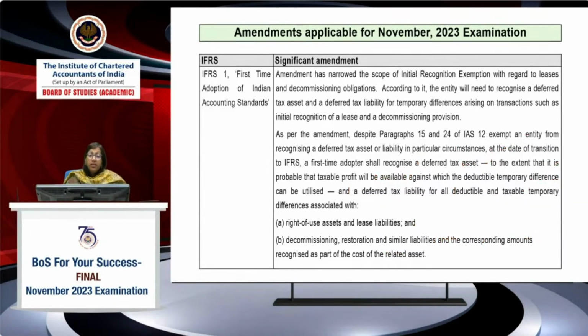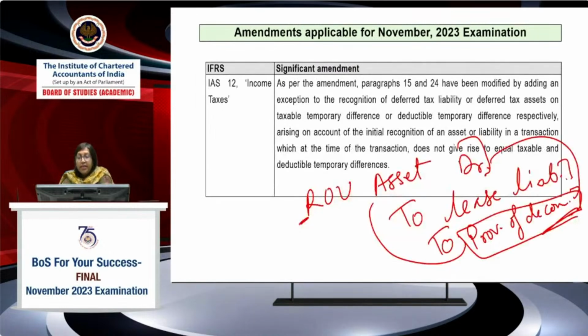IFRS 1. Now, in IAS 12, we give the exemption that even if the transaction at the time of initial transaction is not giving rise to equal taxable and deductible temporary difference.